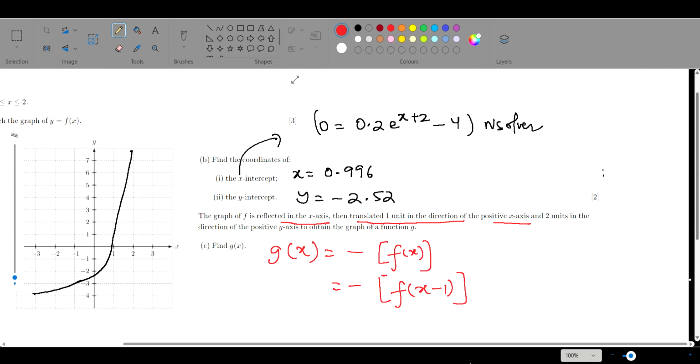It is also translated 2 units in the positive y direction, so it will be plus 2.